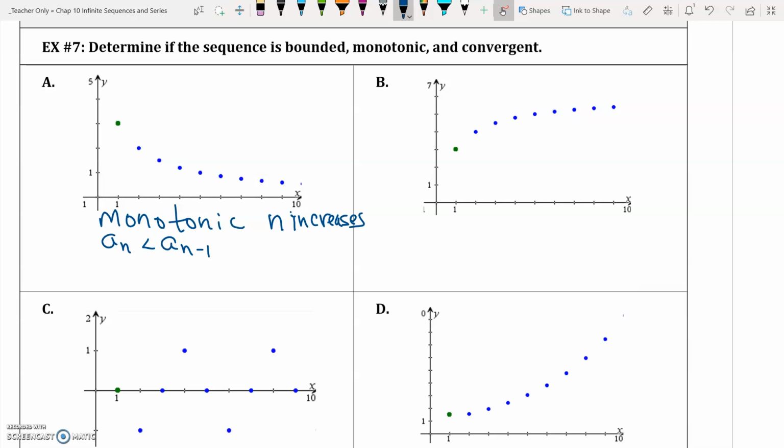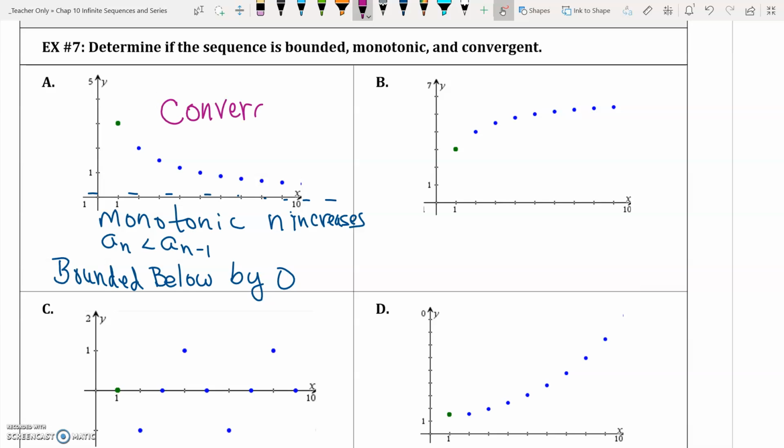Okay, the values are definitely going down. We can also say it is bounded below, because it does have a limiting value below. And we can see here it's bounded below by 0. Since those two conditions are met, this sequence converges. And it's going to converge to 0.